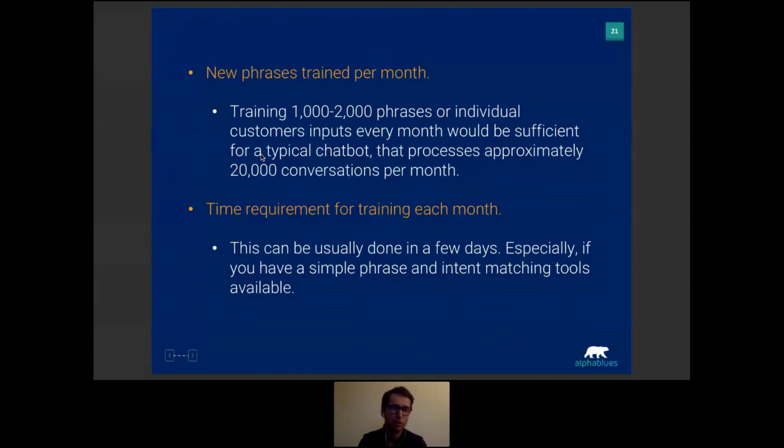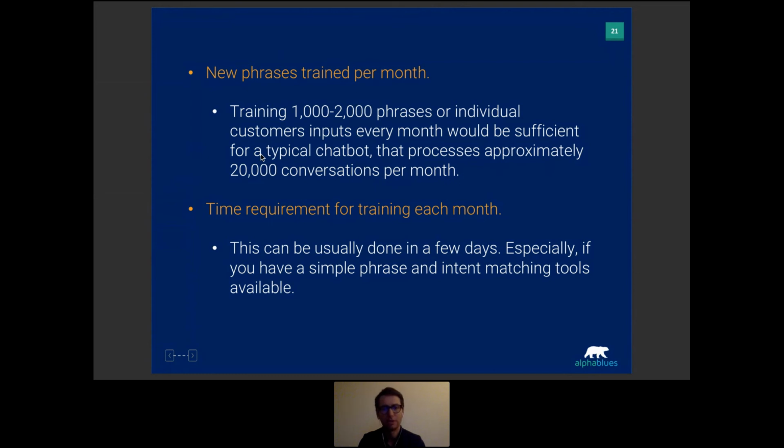That's why it is strongly recommended that you use the input your users are giving you, the way they're asking questions. You use that data to train the bot, because that way you harness all the knowledge of your customers and the different ways they ask things and the different problems they have. So it's very valuable data for the bot.